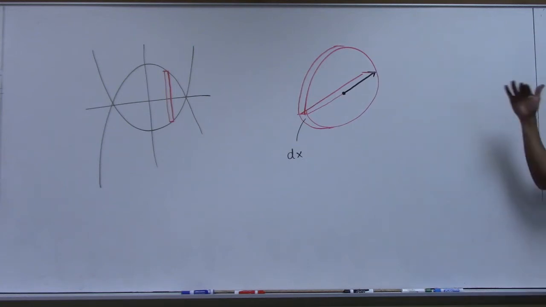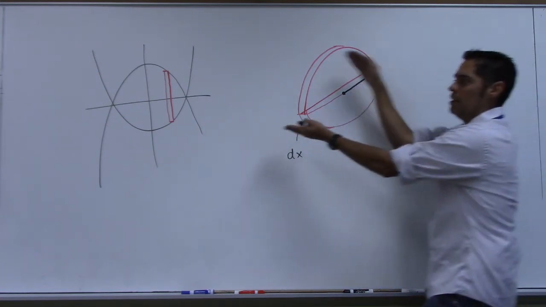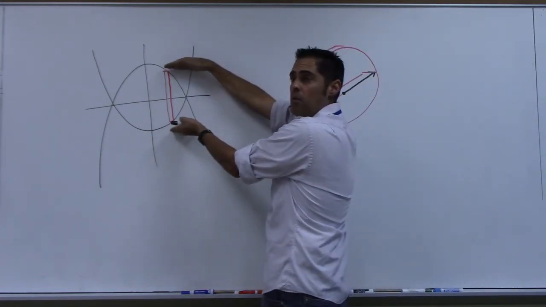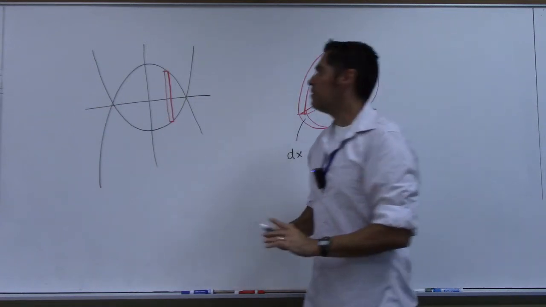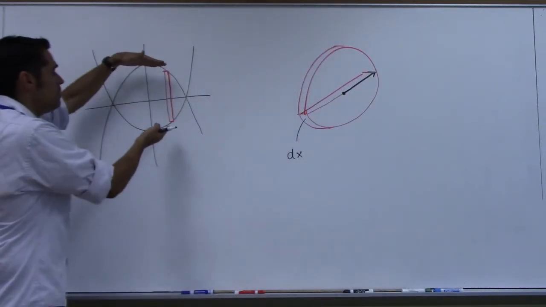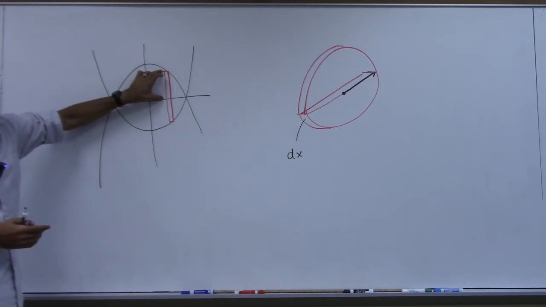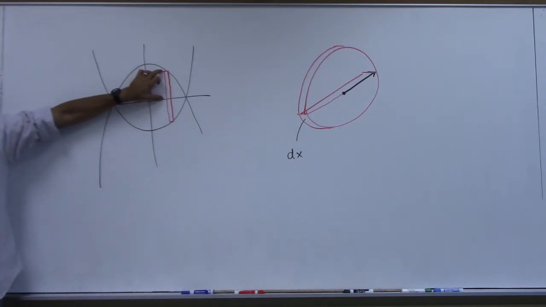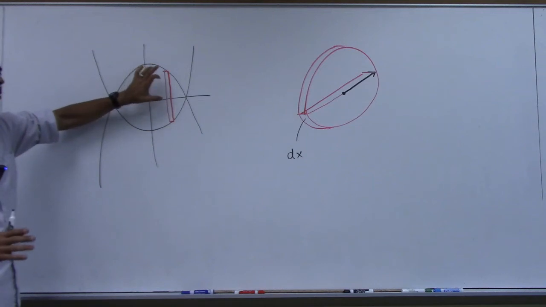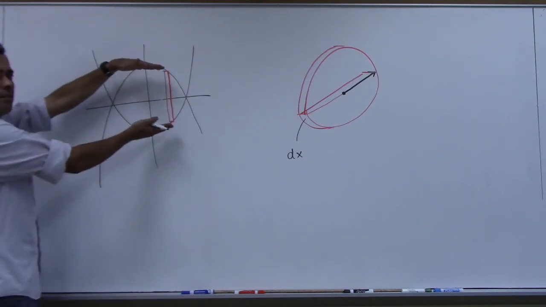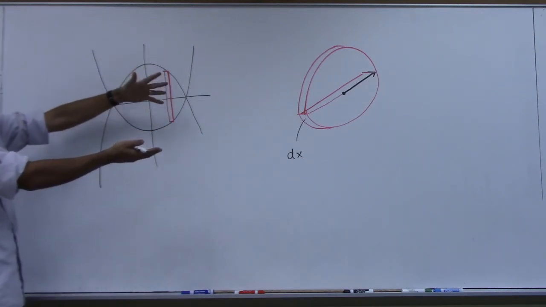Is that f minus g? It's half of f minus g, isn't it? f minus g is the whole thing, right? You want halfway. Could I have just used f instead of saying half of f minus g? On this one only, because it's symmetric, but in general, no. This one you could have, but in general, f and g don't have to be mirror images of each other.